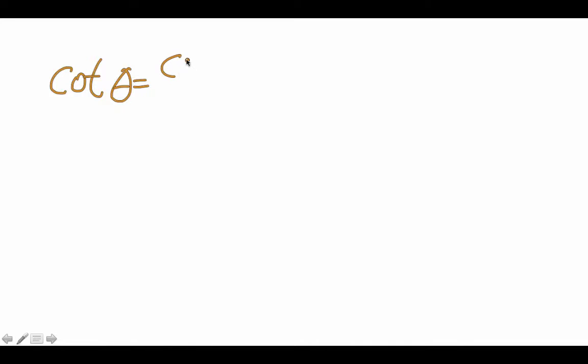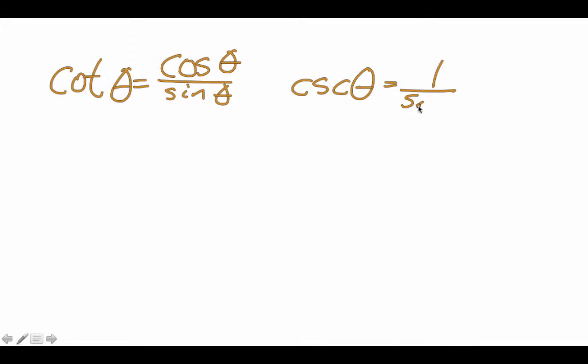In class, we talked about, I hope, cotangent and cosecant and their definitions related to tangent and secant. So cotangent of theta is equal to the cosine of theta over the sine of theta. And the cosecant, abbreviated CSC, the cosecant of theta, is equal to 1 over the sine of theta.